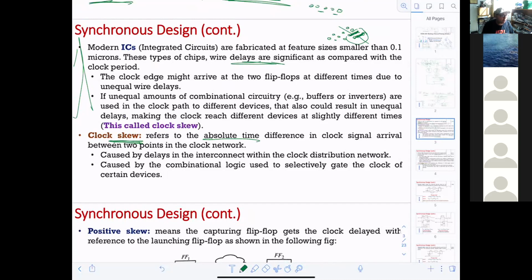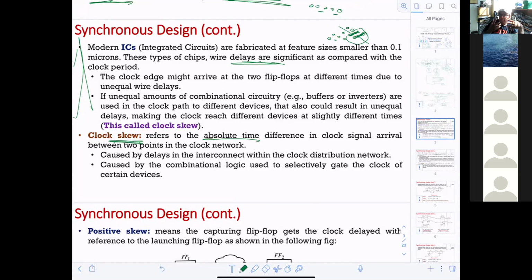So when we say clock network, that means we have a bunch of flip-flops and counters and registers, and we connected them. Now it became a network, right? Because you already have a bunch of wires coming out. It is caused by delays in the interconnect within the clock distribution network, caused by the combinational logic used to selectively gate the clock of certain devices.